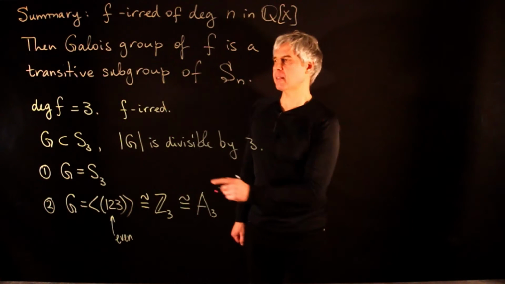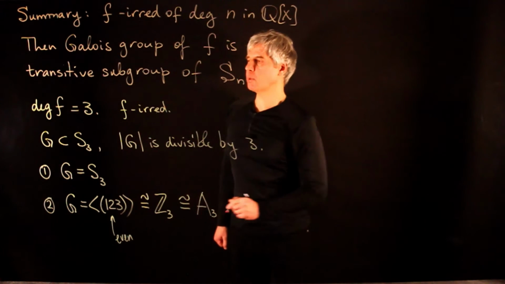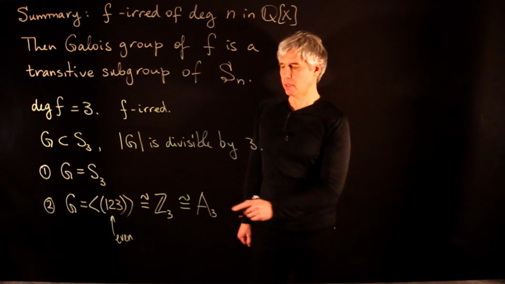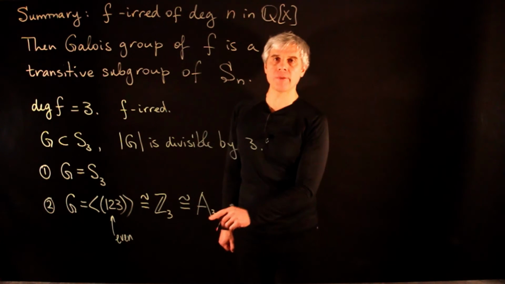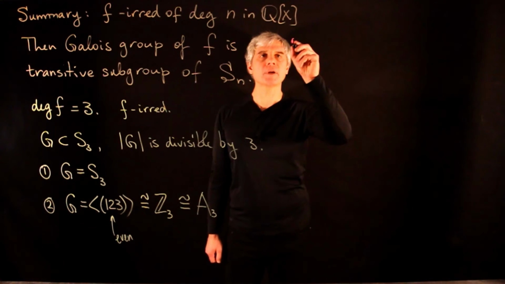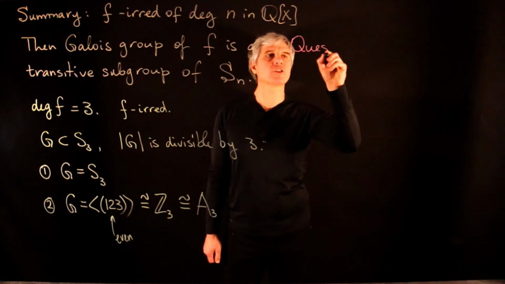We would like to understand when, for an irreducible polynomial of degree 3, the Galois group is isomorphic to A3, or more generally, answer the following question.